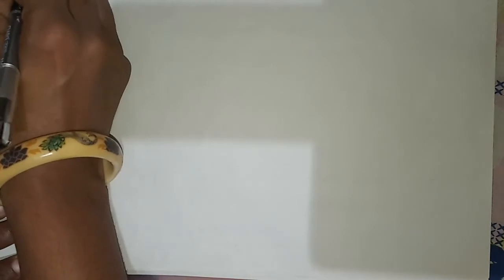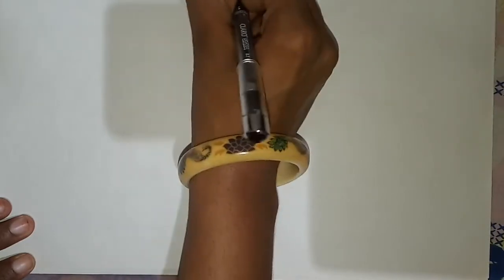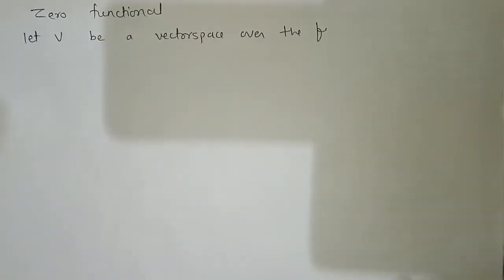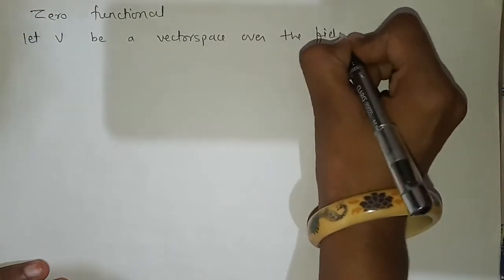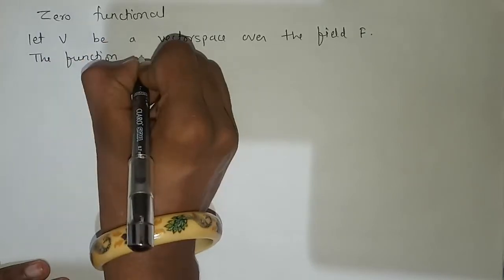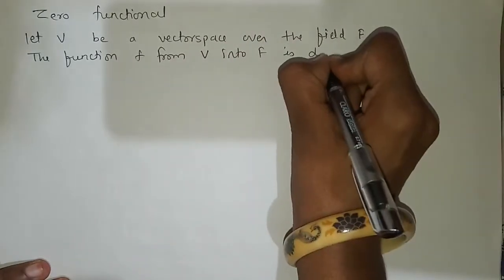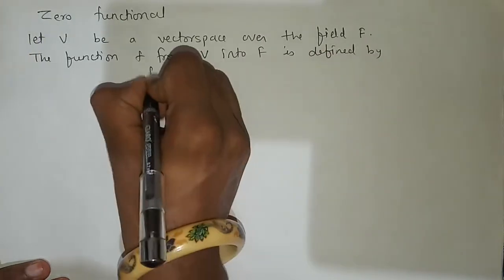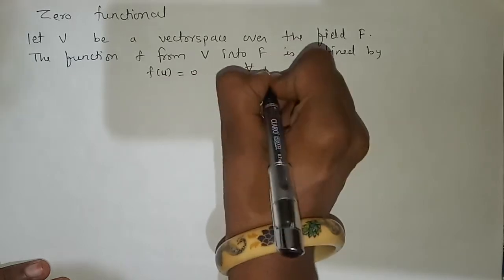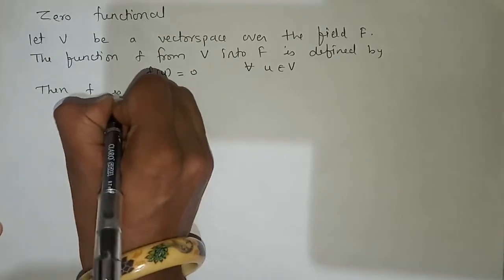Let V be a vector space over the field F. The function f from V into F defined by f of u is equal to 0 for all u belongs to V, then f is called the zero functional.